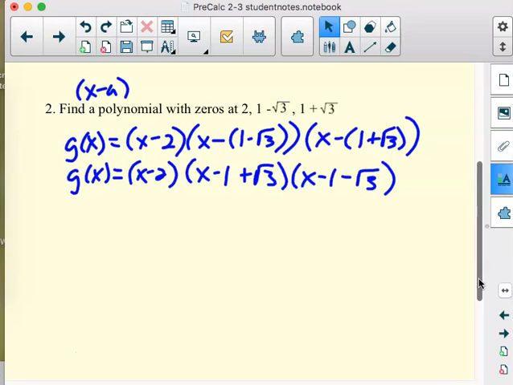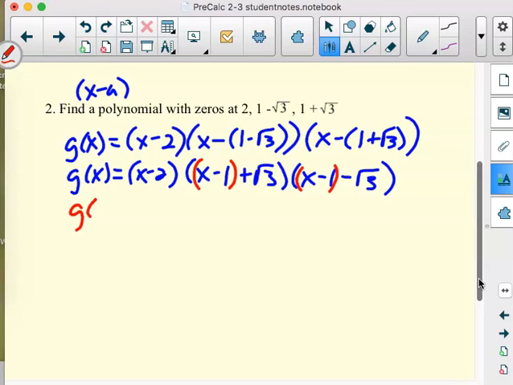So I'm going to take a new look at those last two factors that I have, as this would be a plus and this would be a minus. Notice that x minus 1 is the same in both of these, and then in the back we have plus the square root of 3 and minus the square root of 3. So that's a sum and difference pattern, and that'll make this easier to multiply out.